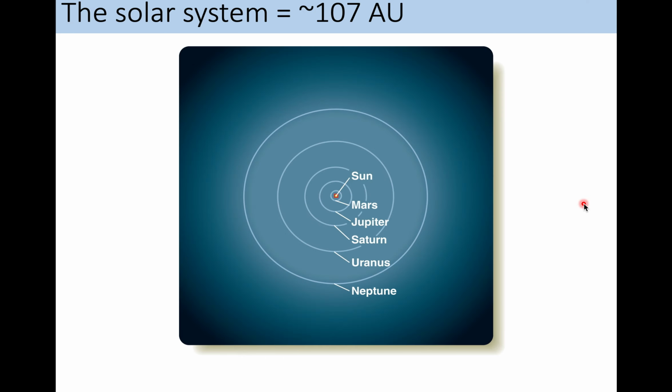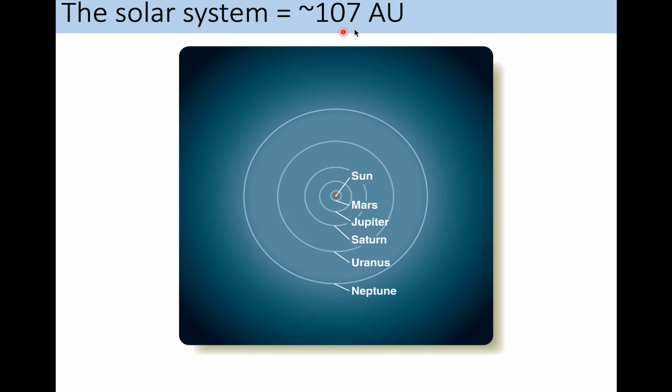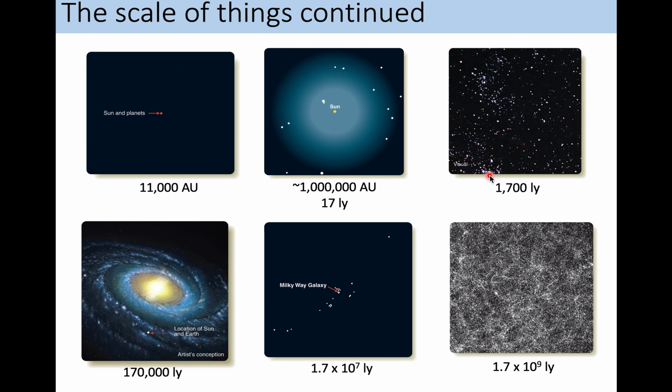If we zoom out in order to show the entire solar system in this figure, we would have to show about 107 AU, so about 100 times the distance here from the Earth to the Sun. So our whole solar system would take 107 AUs to show.